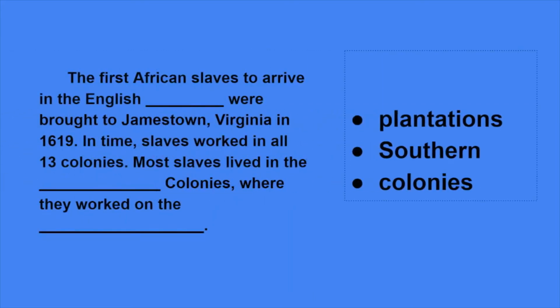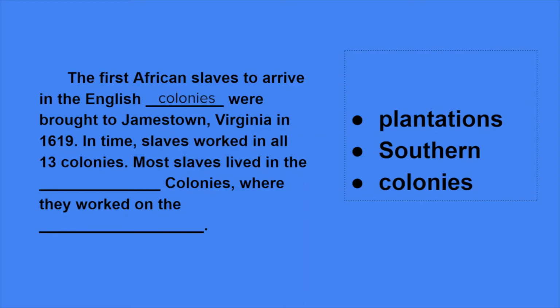The first African slaves to arrive in the English colonies were brought to Jamestown, Virginia in 1619.